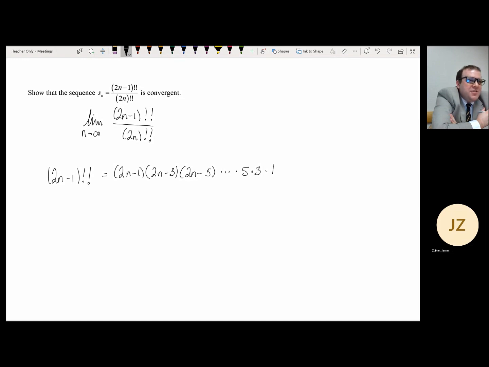So it's the product of every other integer. You may also see it written the other way, 1 times 3 times 5 times so on and so forth up to times 2n minus 1. Same thing.